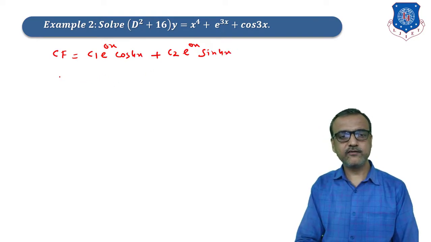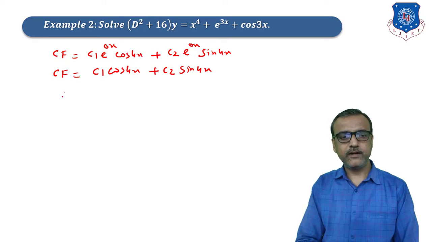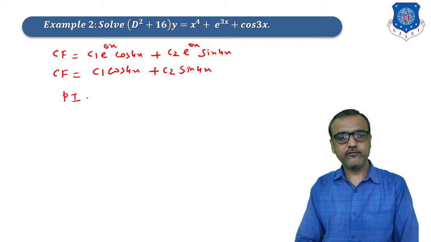So we have CF equal to c1 cos 4x + c2 sin 4x. Now we will find PI, and PI is given by this formula, that is PI = 1 upon f(D) Q(x).